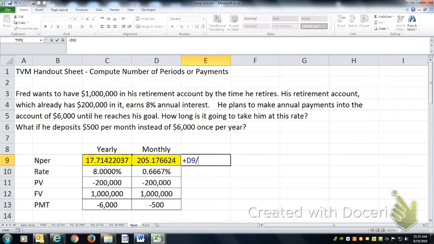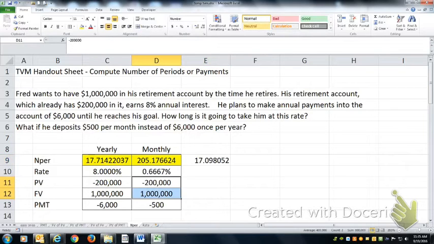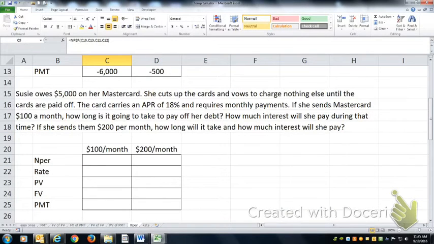If I divide that by 12, you can see it'll take slightly less, about a half year less than it otherwise would. Alright, remember, whatever you solve, if this is monthly and this is monthly, you're going to solve for monthly number of periods. If this is annual and this is annual, you're going to solve for the yearly number of periods.